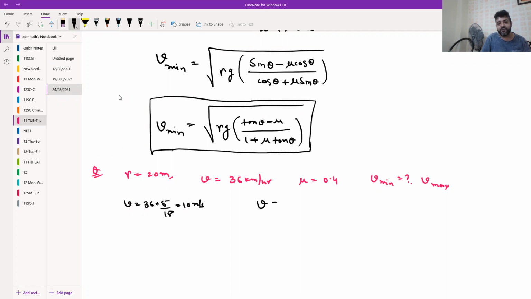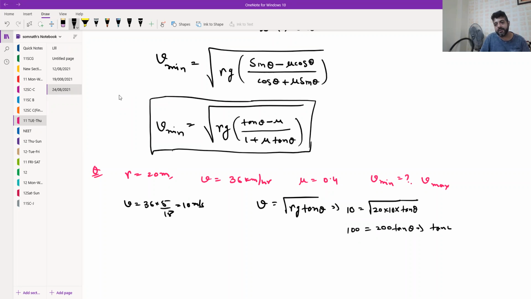Now we know v square equals rg tan theta, that means 100 is 20 into 10 into tan theta. So 100 by 200, that is 1 by 2, that is 0.5. So the first thing is that you get the angle from here, the main thing.